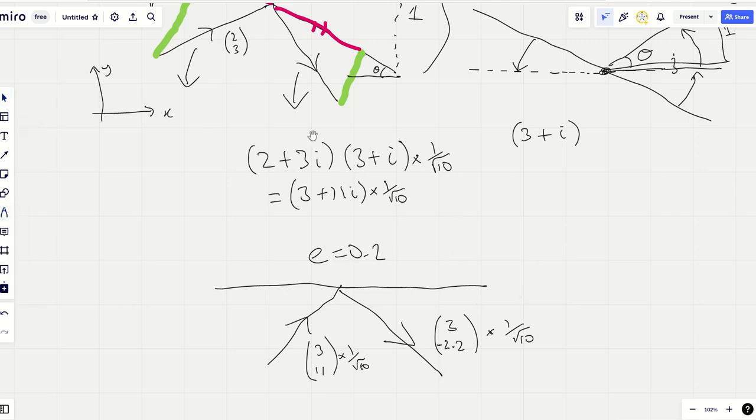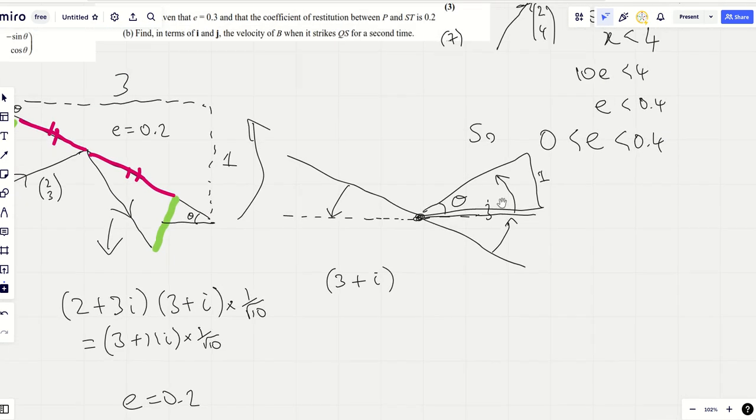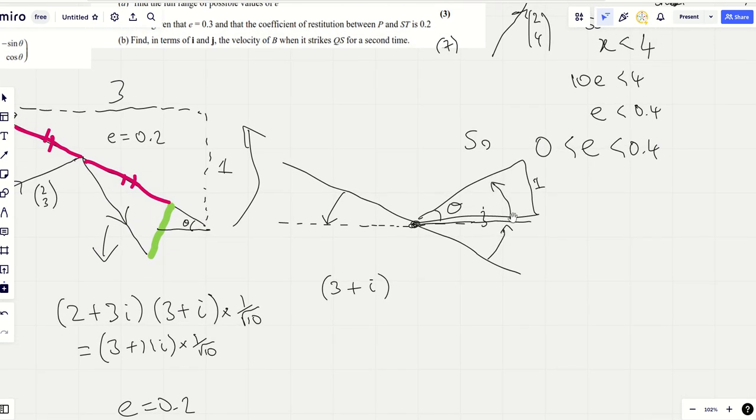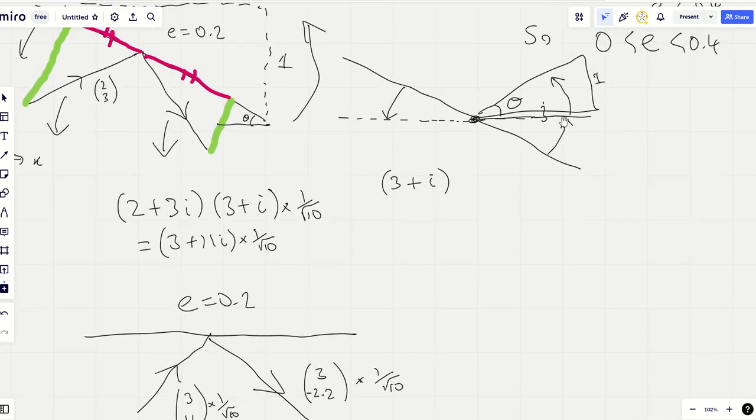Yeah. Now I've almost finished. I've now just got to undo the rotation I did. Now how do I undo rotating by 3 plus i? Well, rotating by a complex number with a certain argument, where my argument is this theta and this is (1, 3), I multiply not by 3 plus i, I multiply by 3 minus i.